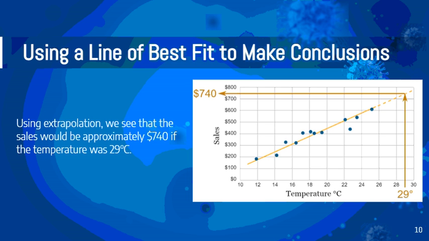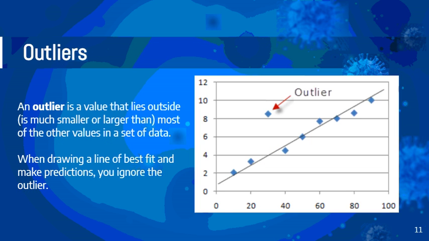The other thing to keep in mind with a scatter plot is sometimes you have values called outliers, which means a value that is much smaller or much larger than some of the other data points. If you have one point that just doesn't seem to match the others, you just ignore it when you're making your line of best fit, and you ignore it when you're making predictions.